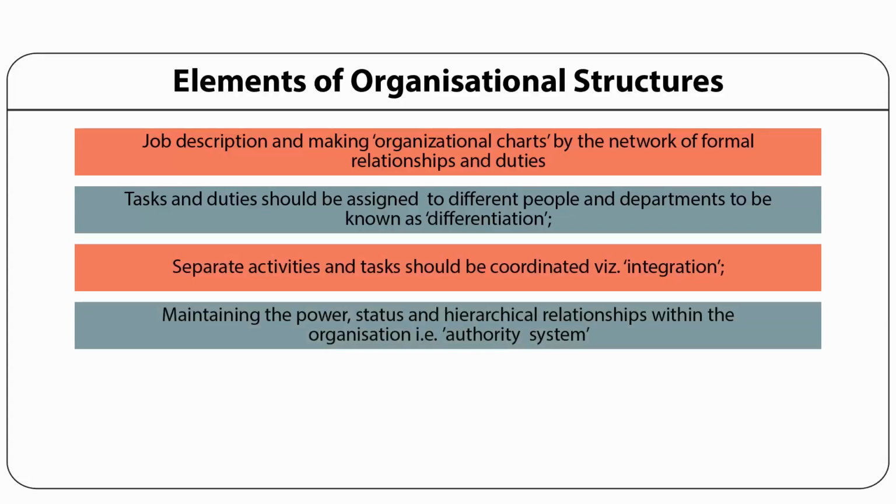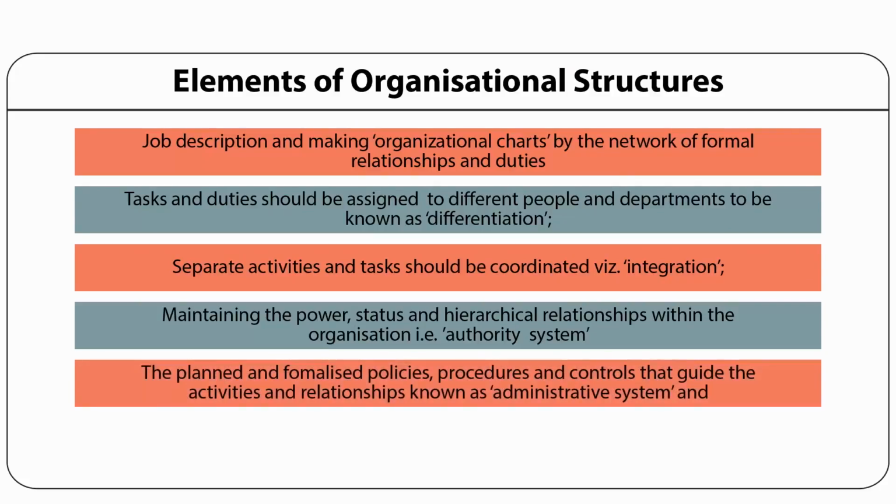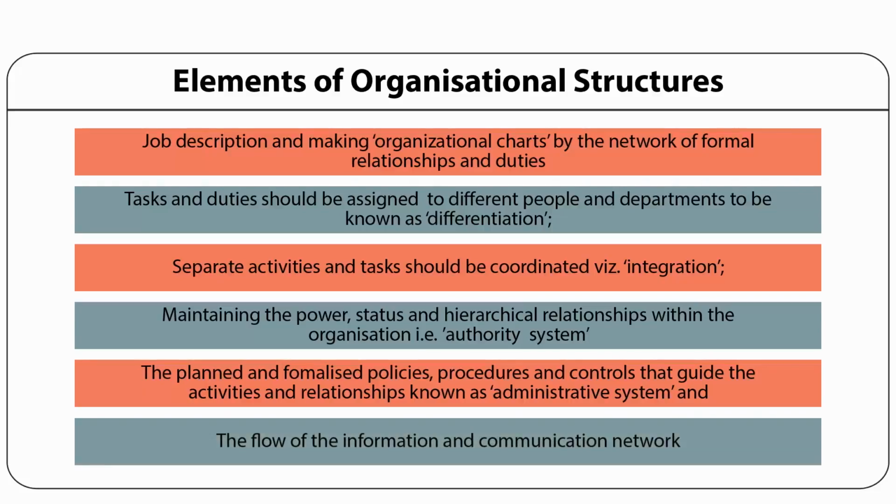Maintaining the power, status, and hierarchical relationships within the organization is the authority system. The planned and formalized policies, procedures, and controls that guide the activities and relationships are known as the administrative system. And finally, the flow of information and communication network.